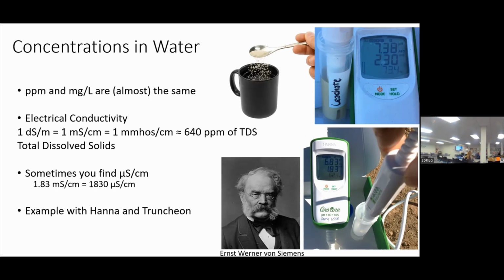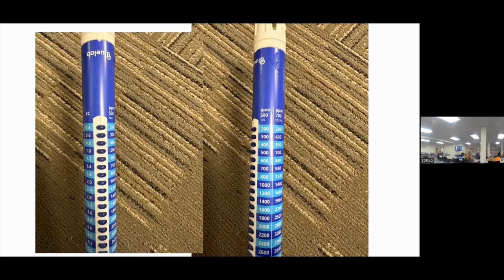And I want you to pass this around also. They call it the truncheon. It's another EC meter, but it has one scale for EC and one scale for total dissolved solids converted at 500, and another one converted at 700. So they tell you, look, your EC is 1, because I measured it, so I know it.